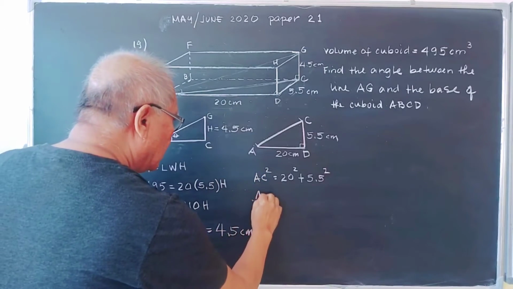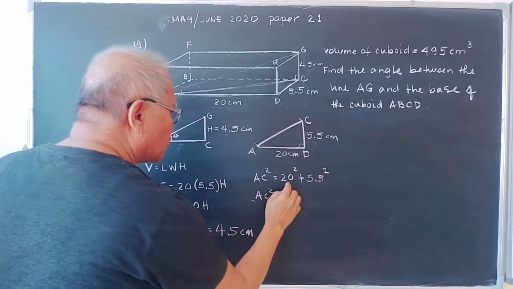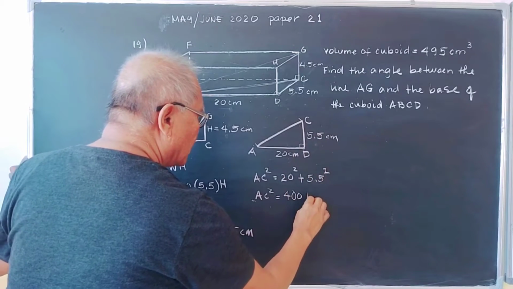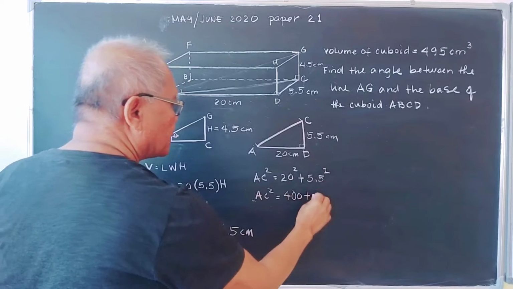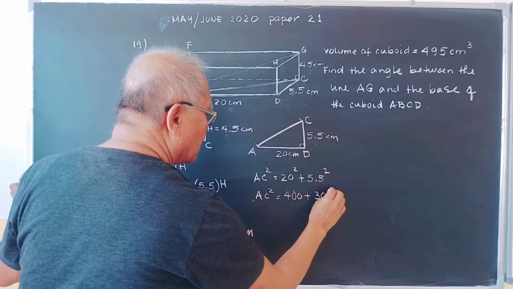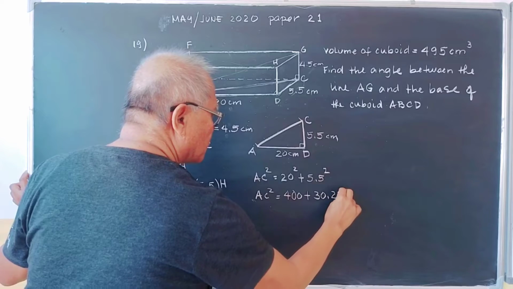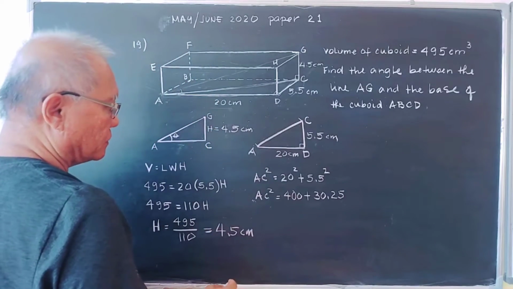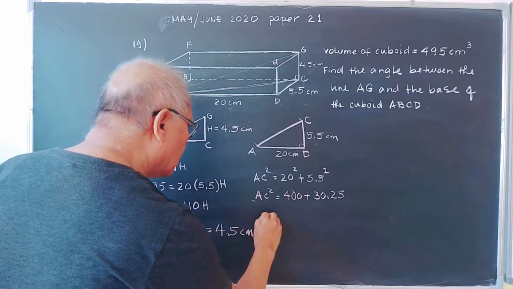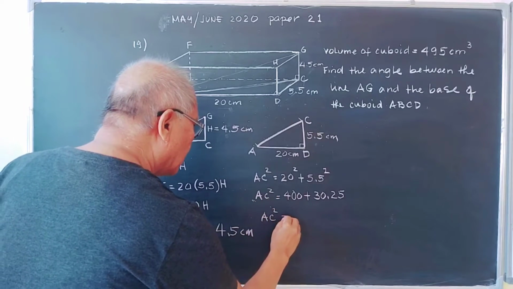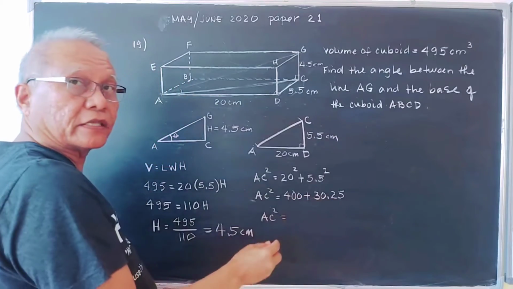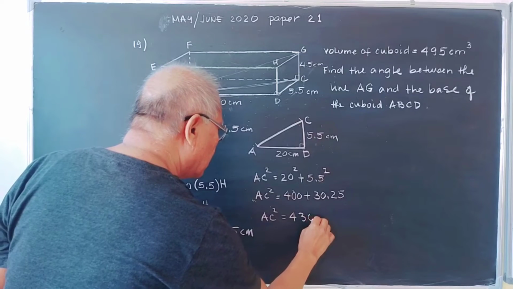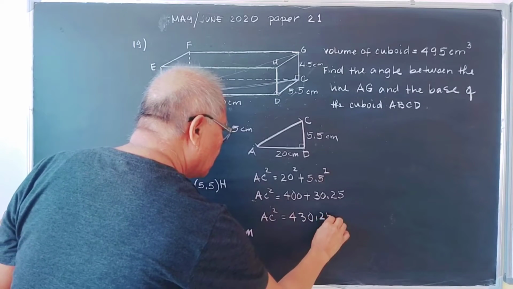And then we have AC squared is equal to 20 times 20 is 400, plus 5 times 6 is 30 and then 25, that is the square of a number ending in 5. So AC squared is equal to 400 plus 30.25, which is 430.25.